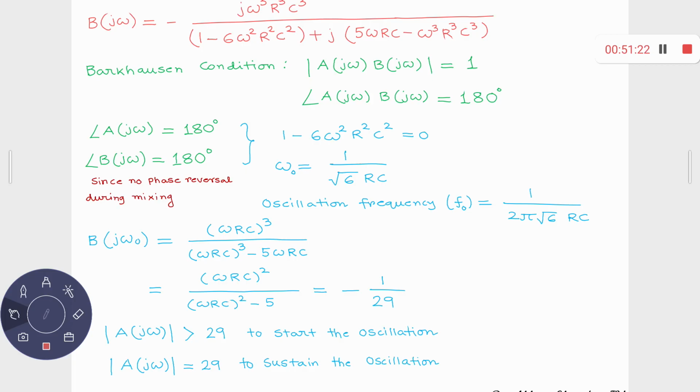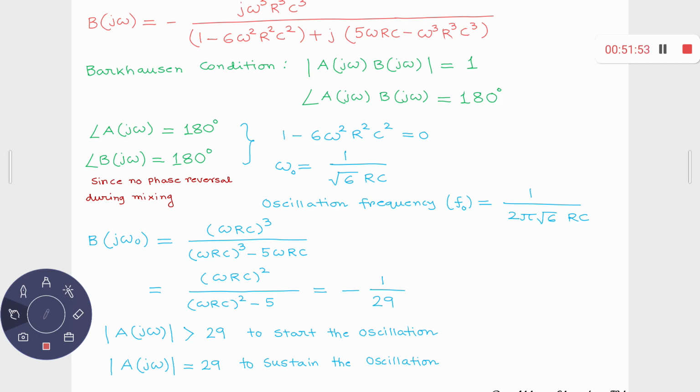So what about the behavior of this feedback network at some other frequencies? Only when omega RC is equal to 1 by root 6 is B equal to minus 1 by 29. For other values, it is not equal to minus 1 by 29.